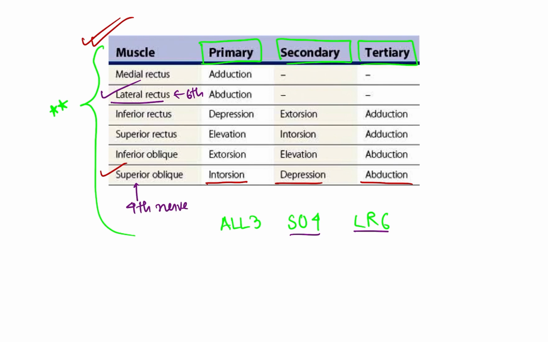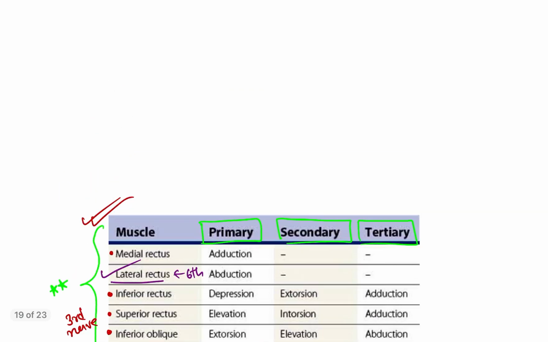The rest, medial rectus, inferior rectus, superior rectus, inferior oblique, are supplied by all 3, or the 3rd nerve, the oculomotor nerve. So this is the nerve supply and action. This table is very important: action, nerve supply, origin, insertion of extraocular muscles.